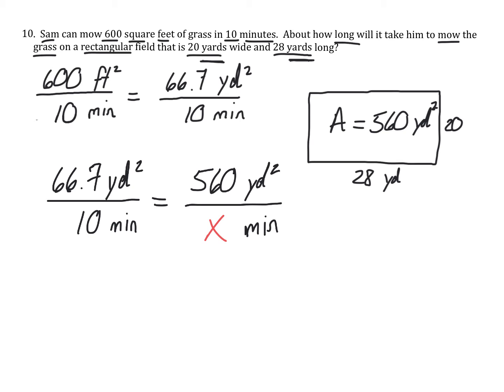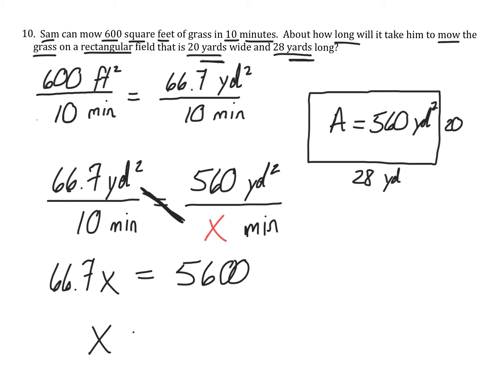So similar to the last problem, I'm going to set up a proportion and use that to help me solve. Now after I cross multiply, it's going to end up being 66.7x equals 5,600. And after I divide, I end up with 84. And the units I'm using here are minutes.